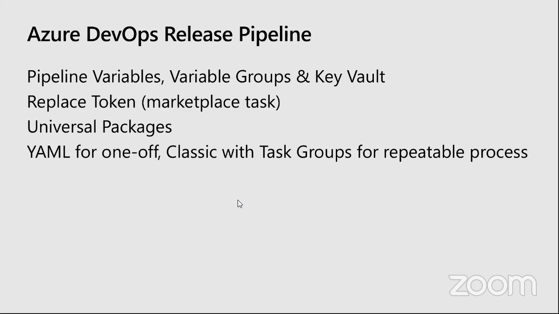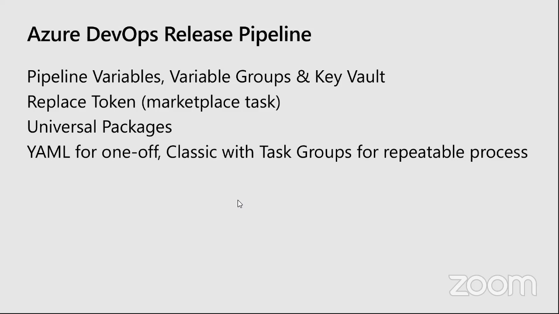Basically, I use it to mark up my configuration files with typically a #, curly bracket, variable name, curly bracket. And it will go through those files using the replace token task and update them with what variables are in the pipeline. Very, very handy. I even use it sometimes to update my PowerShell.